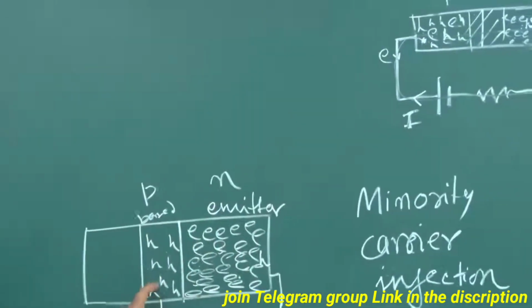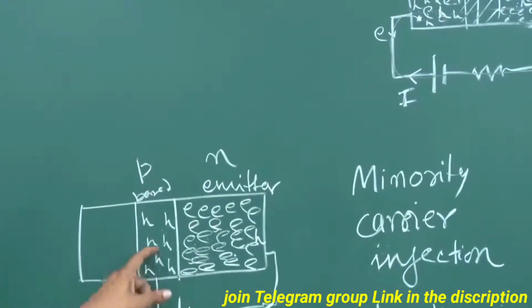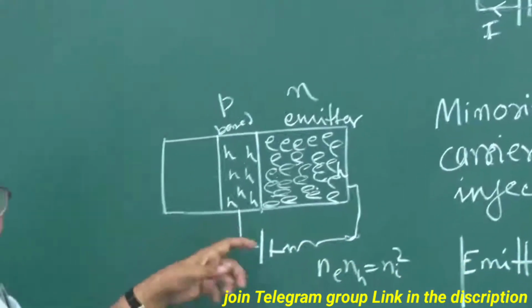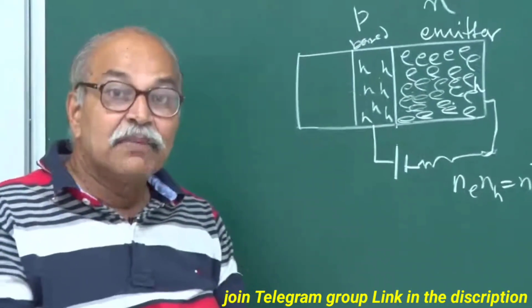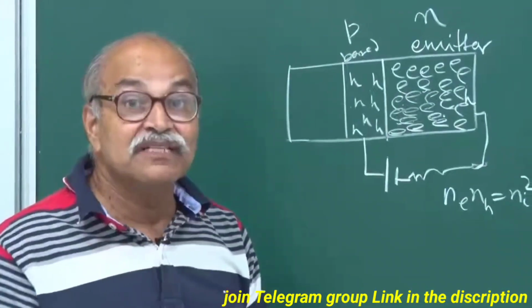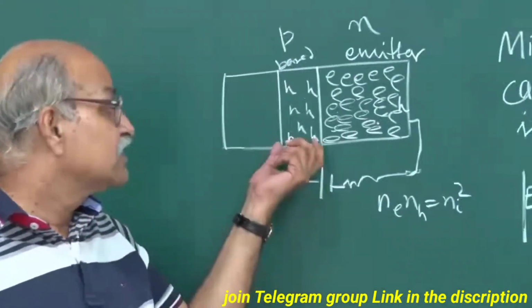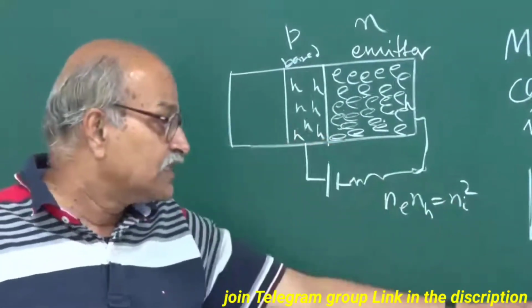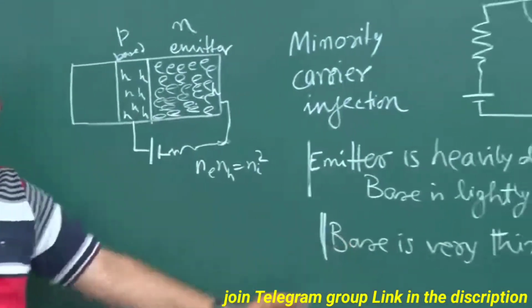So this IB, the current in this base region, is because of this recombination, but that probability of recombination is very small because of this low thickness, because the base is very thin.